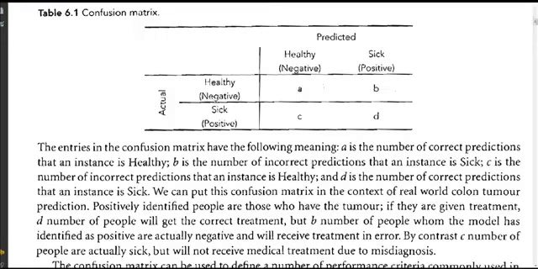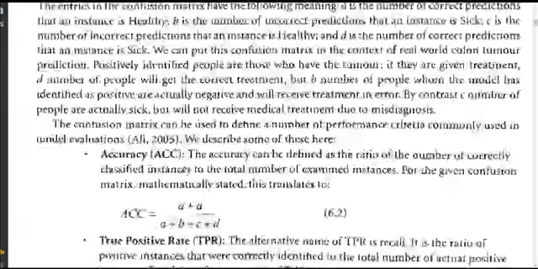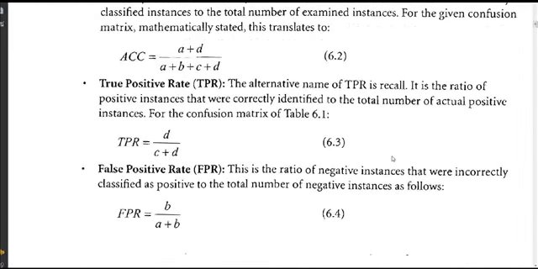That's the percentage of people that are predicted as healthy from the group of all sick people. So what percent of all the sick people are predicted as healthy? Okay, that's called the false negative rate, right?